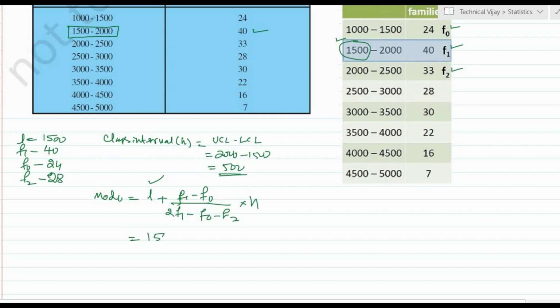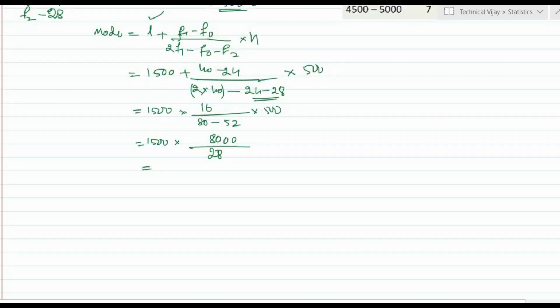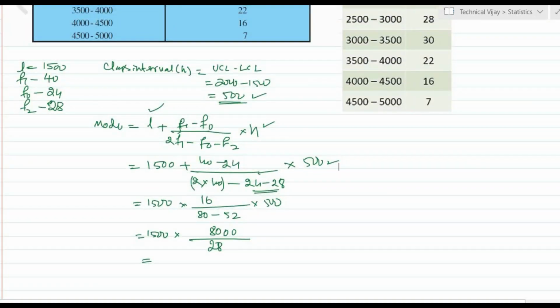L is equal to 1500 plus, F1 is 40 minus 24, divided by 2 into 40 minus 24 minus 28, and H I have substituted as 500. So 1500 plus 40 minus 24 is 16, divided by 80 minus 24 minus 28, which is 52 into 500. That is 16 into 500, which means 8000, divided by 80 minus 52, which is 28.